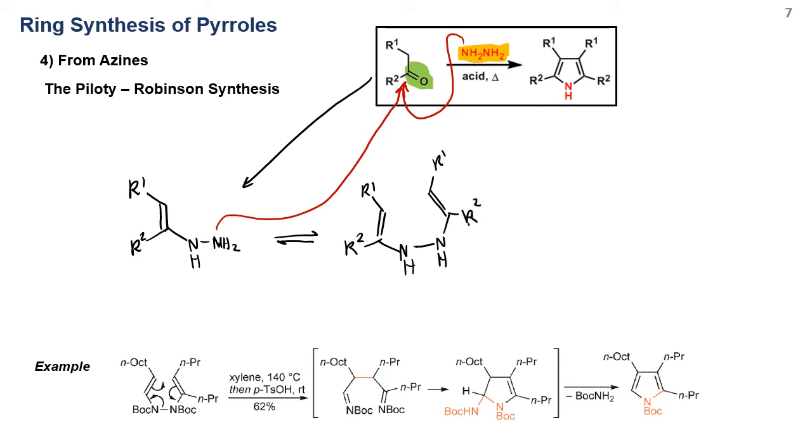And you have a 6-membered ring that can undergo a 3,3-sigmatropic reaction.